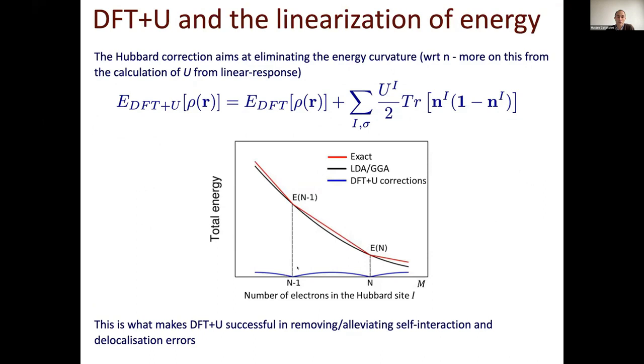It tries to restore the piecewise linearity of the energy, starting from the approximate analytic behavior of the approximate energy functional, by adding this term here that is exactly represented by the blue curve on the bottom here. So the blue curve, which simplifies what this term does, is exactly what you need to recover the piecewise linearity from the black curve, provided that the U is measured correctly, as you will see in the next talk. This is the main idea.